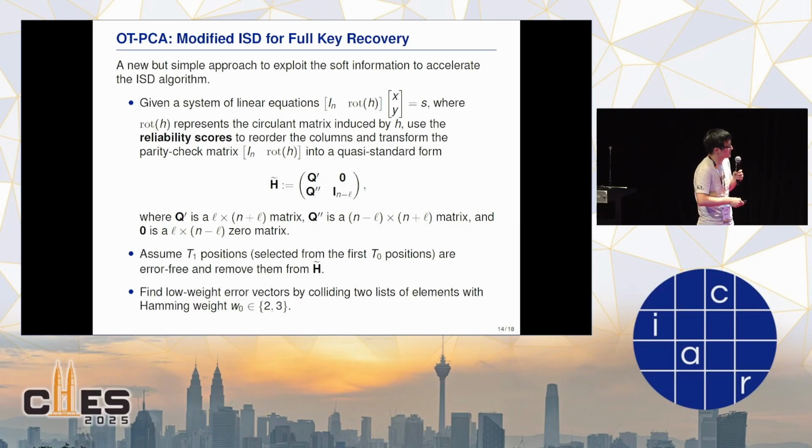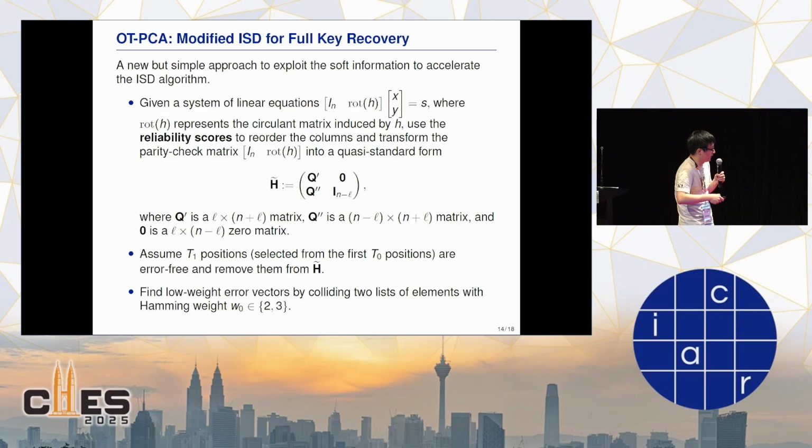So we put the positions most likely to be 0 at the beginning. We think that the first T0 positions are most likely to be error-free. So we just sample T1 positions and assume that they are error-free. This will make the polynomial smaller.